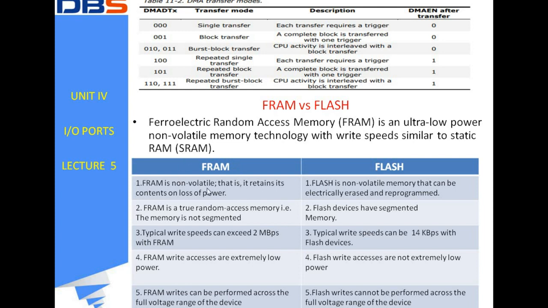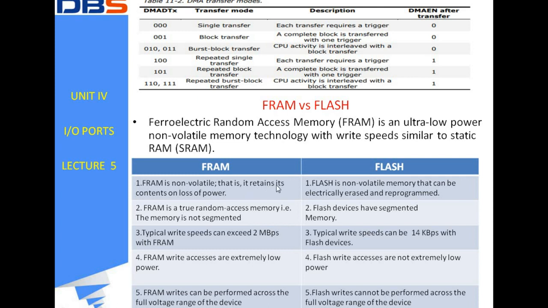So here we are comparing two memories, that is ferroelectric random access memory and flash memory. See here, FRAM is non-volatile, that is, it retains its content on loss of power.